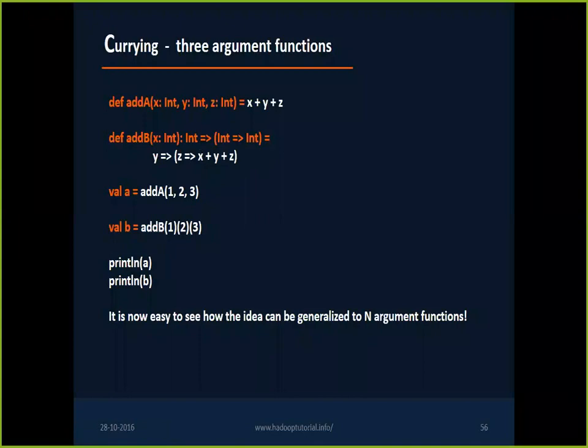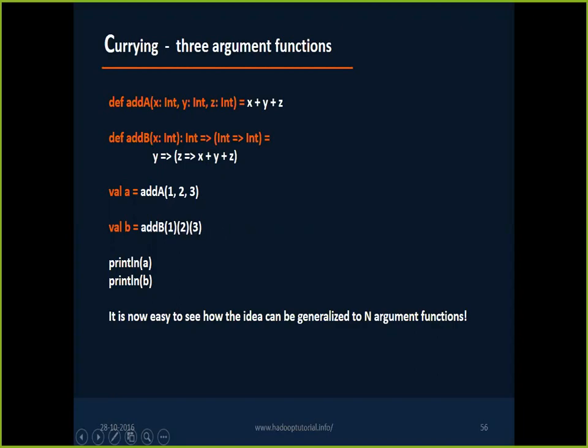I can spend more time on this to make it clear, but this might be how it got implemented. You might be a little bit confused. By looking at this example, you know the difference. If you simply call this, it is simple. If you call this as a chain of functions, this is called currying.